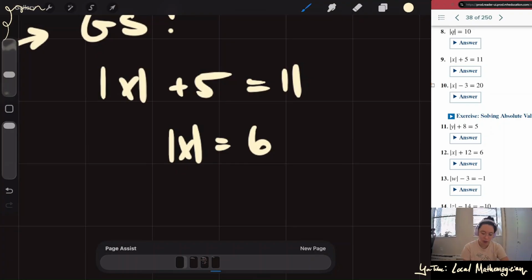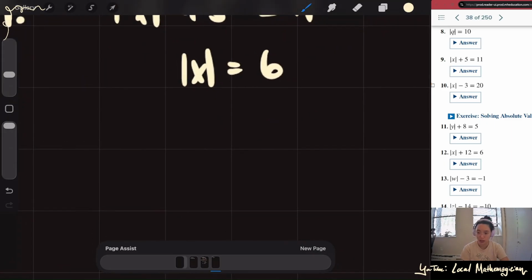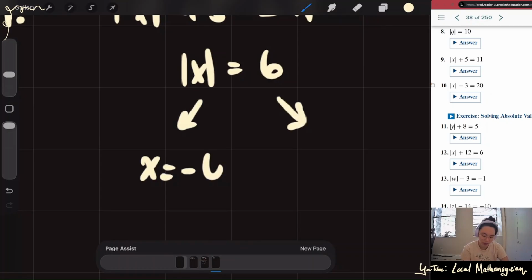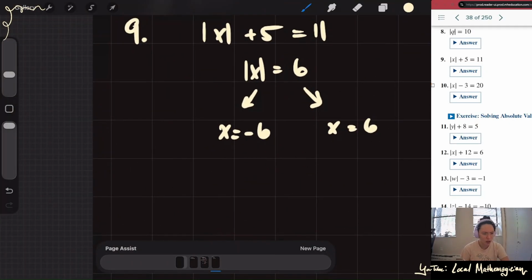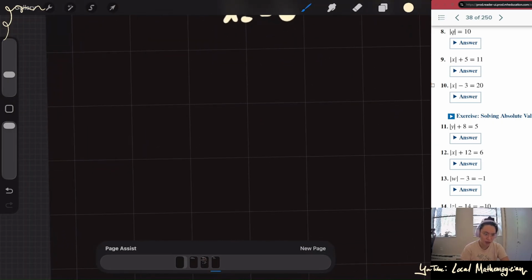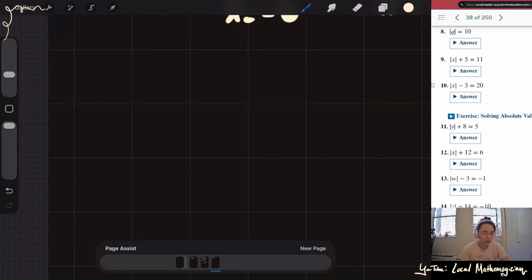Cool. Well, we know that 6 is a positive number, which means you can find a distance, yeah? This is a valid distance. So you get x can equal -6, or we can get x equals +6. And that's it. What if I gave you something a little harder? What if I gave you, let's do number 10.